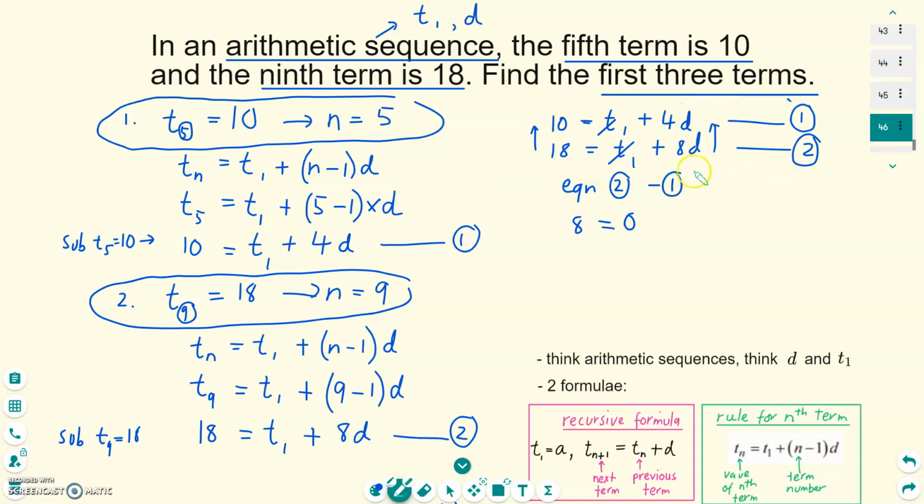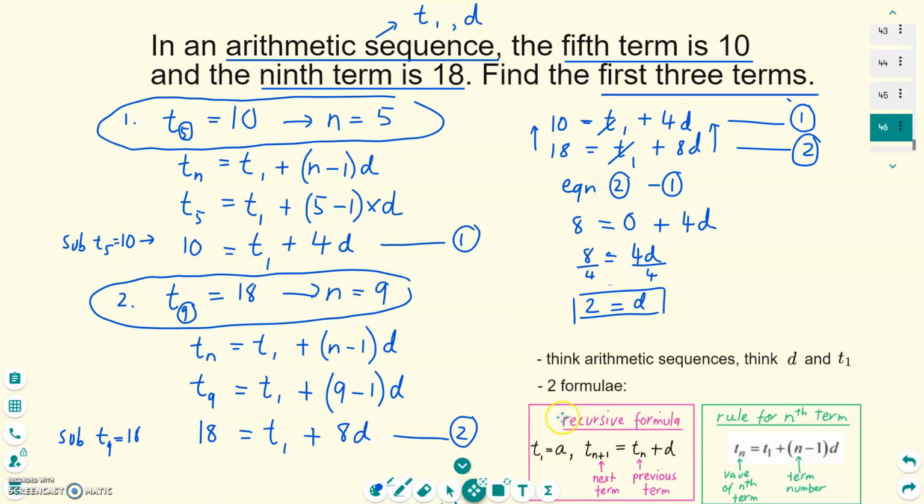If you're doing 2 take 1, get the order right. 8 take 4 is 4. So in other words, 8 equals 4D, because that 0 doesn't matter. 4 times D, well, the opposite of times is divide. Do that to both sides. And let's go. D is 2.